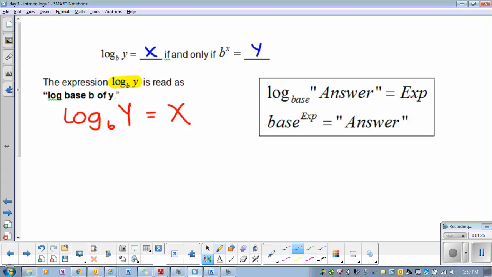I have to tell you, when I first started teaching logs, I came up with this brilliant system, and then it turned into a saying that you guys know, which made it a little bit cheesy, but I have to go with it because it was mine first. It's cheesier than "to the power."